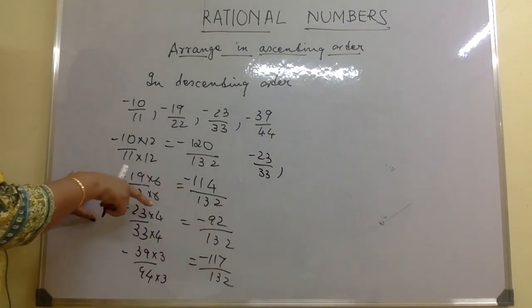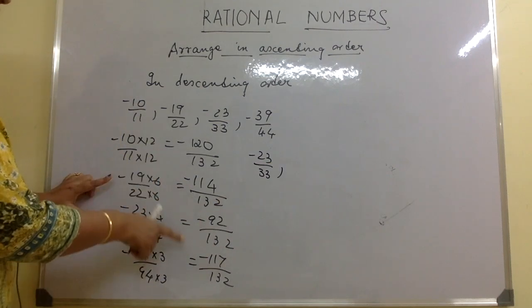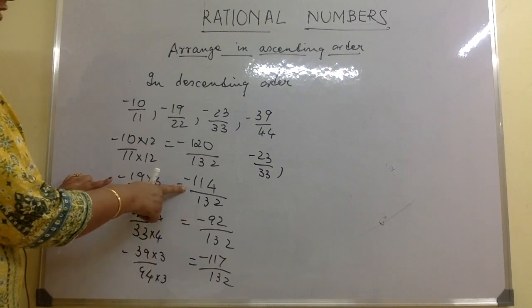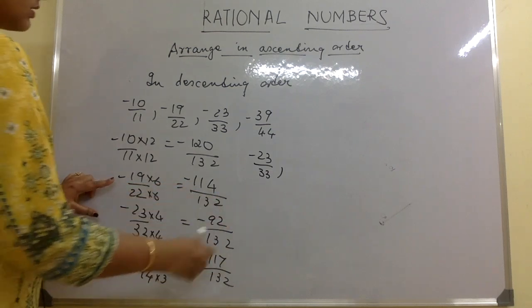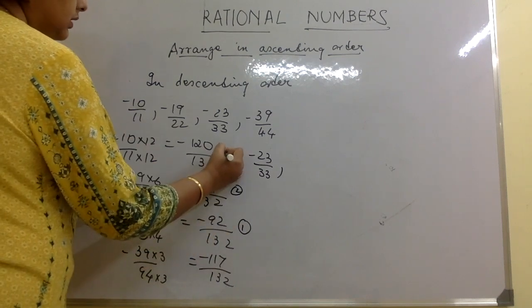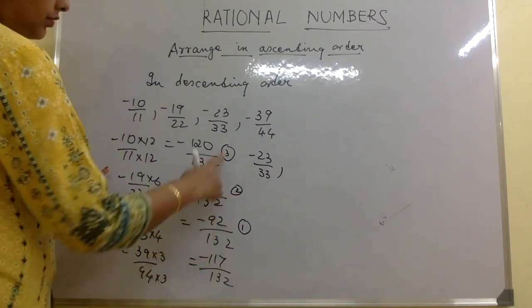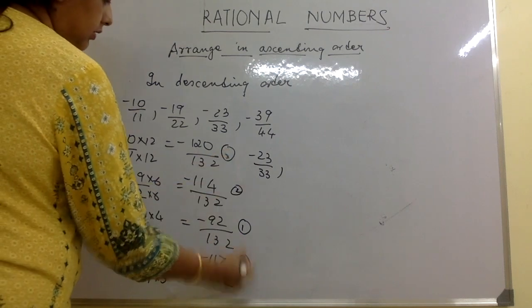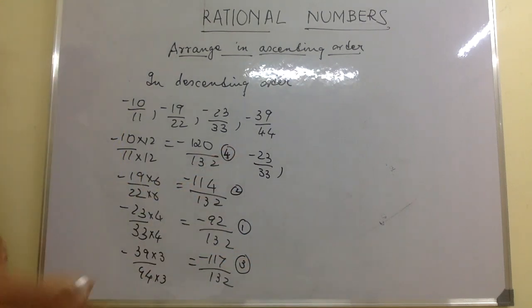Okay, come to the next one. After 92 comes 114. It's better to number sometimes. Okay, 1, then 2, then 3, and then, no, this is 3, sorry. Then 3 and this is 4. Okay, now it is easy.